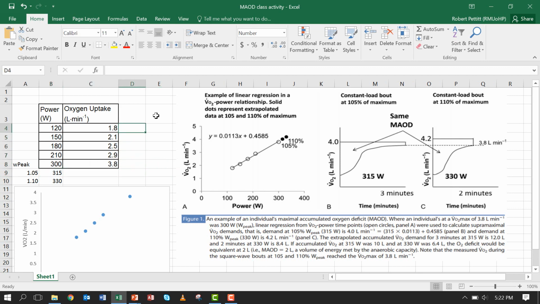So if I type into my equation here the slope, it's asking me the known y's, which is the VO2. I'm going to drag and highlight those. And then comma, it's asking for the known x's, which is the power. I'm going to drag those in here.